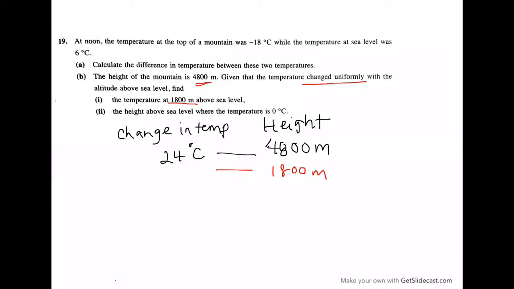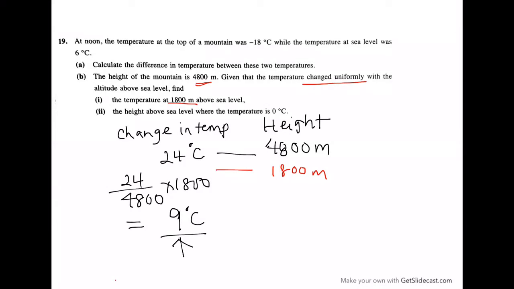And this gives us 24 degrees Celsius divided by 4,800 times 1,800. And this gives us a change of 9 degrees Celsius in the temperature. But this is only a change in the temperature. This is not the actual temperature.